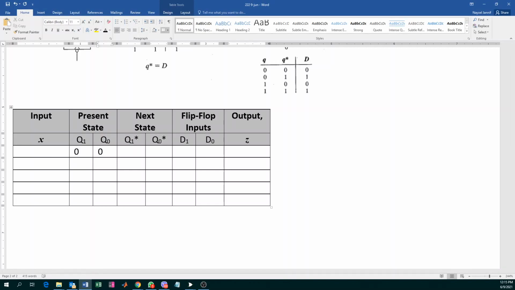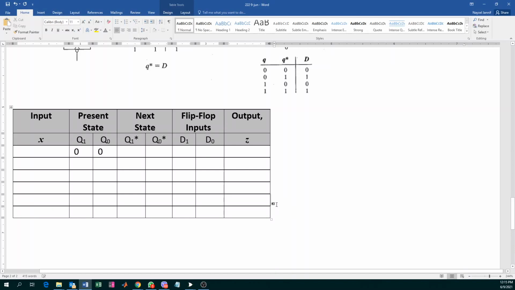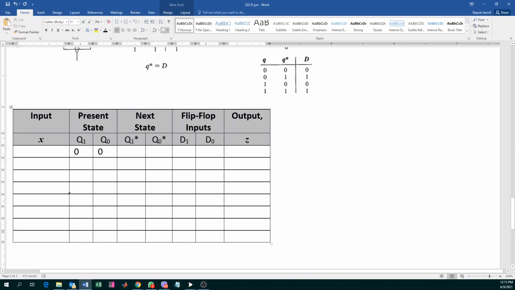But what we've learned so far is we can do this assignment table simply by plugging in the values 0, 0, 0, 0, 0, 1, 0, 1, 0, 0, 1, 1, 1, 0, 0, 1, 0, 1, 1, 1, 0, 1, 1, 1.